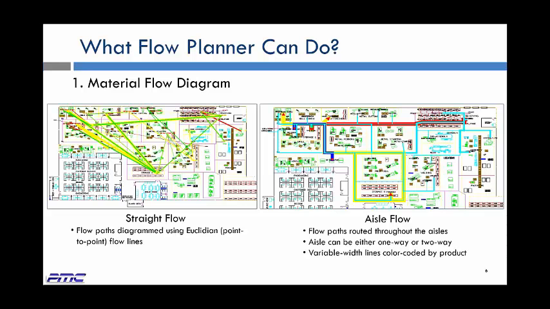But the flow planner does that. One more thing I forgot to add is that this flow planner sits on AutoCAD. That means it's an accessory, or basically it can read AutoCAD files. So if you say department A is in this corner, department B is in this corner, it automatically calculates the distance, either through the straight flow or the aisle flow.